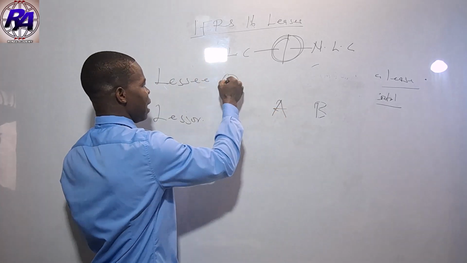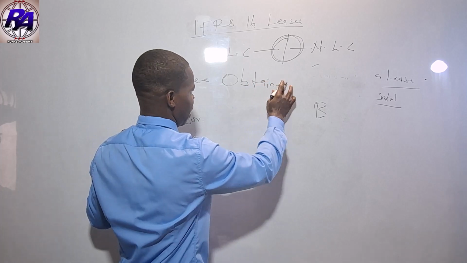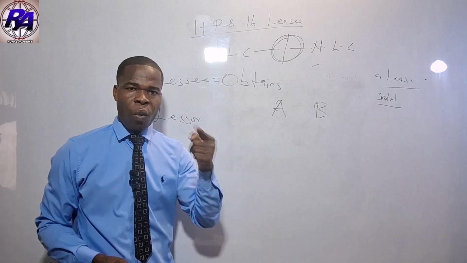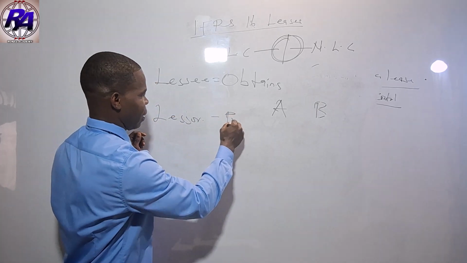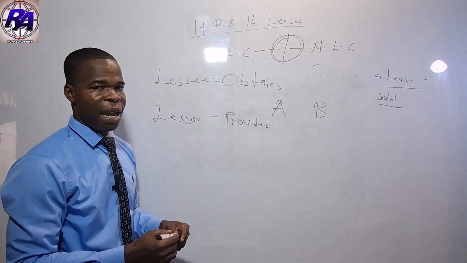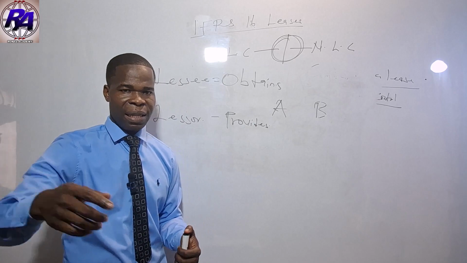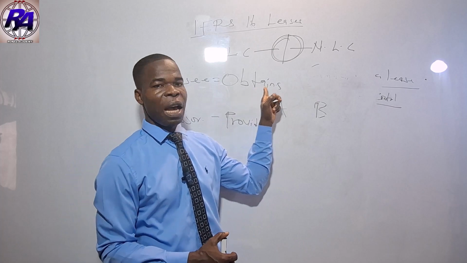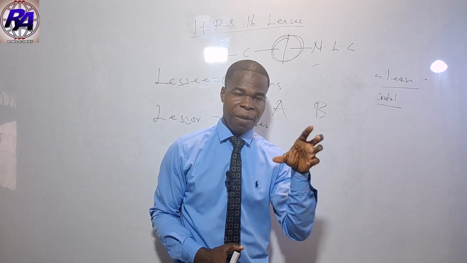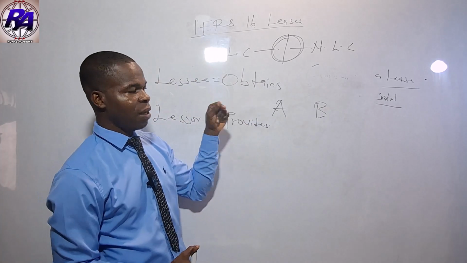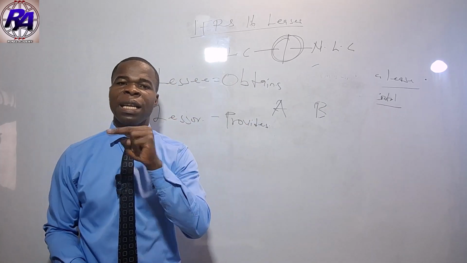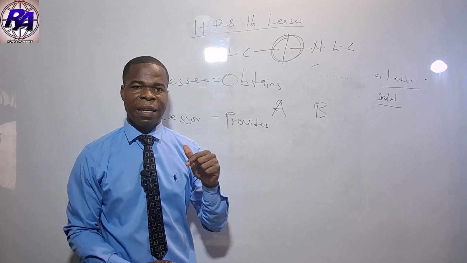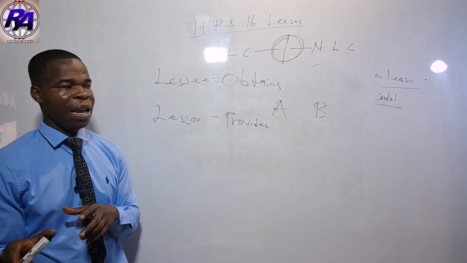So the lessee, in actual sense, obtains the right to use an underlying asset, while the lessor provides the right to use an underlying asset in exchange for a consideration. If you take a critical look, the definitions are the same. The only keyword bringing the distinction is that one is obtaining and the other is providing. That is the difference between a lessee and a lessor.